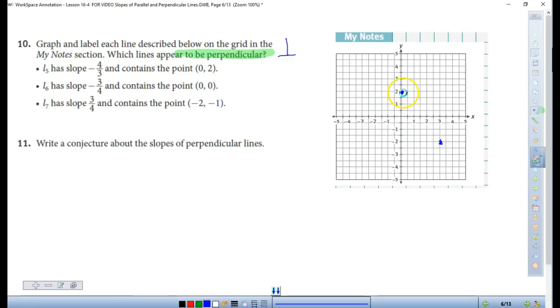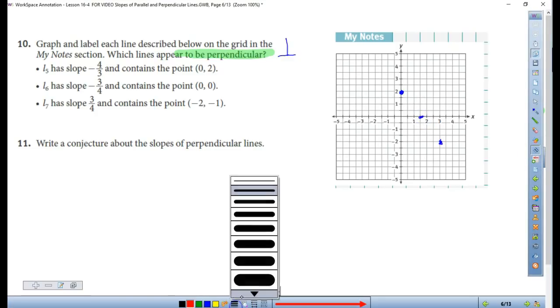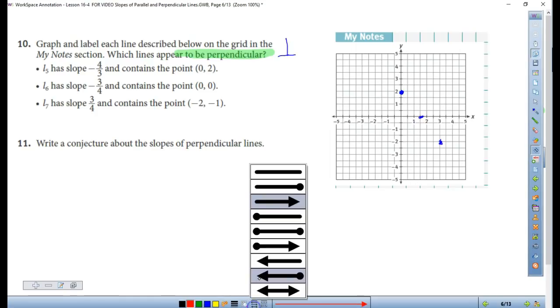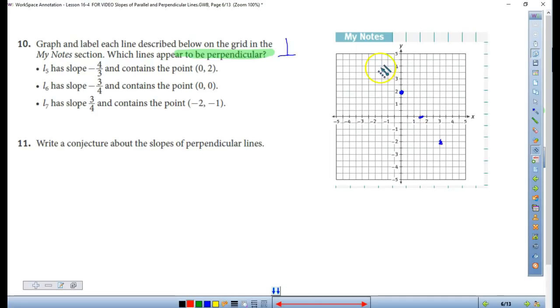But even if I just went down 1, 2, 3, 4 over 1, 2, 3, it would still be on the same line, even though it only went by halves, because both of the scales are the same on the x and y axis. All right, so I'll connect those, and that'll be L5.